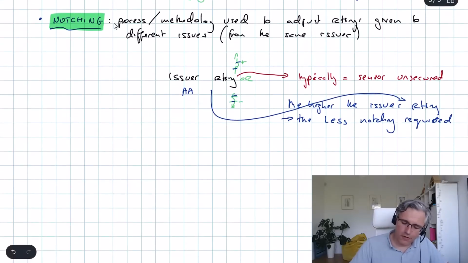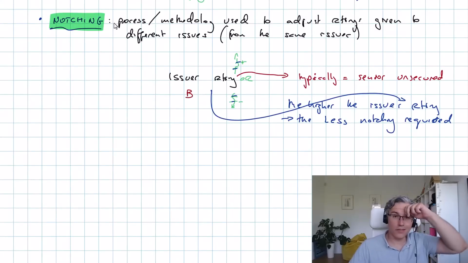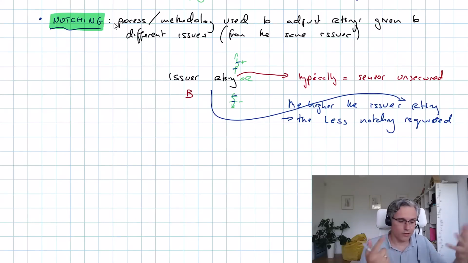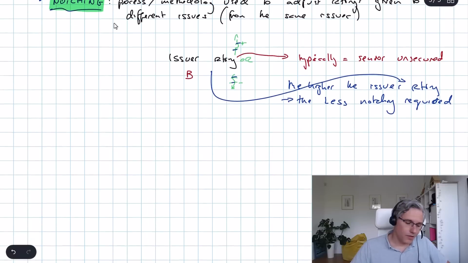However, if you've got an issuer who's rated, let's say, single B, which is relatively low, then notching will be very much required to show the difference between different levels of seniority rankings in the bonds and different types of collateral, or different assets being used as collateral.